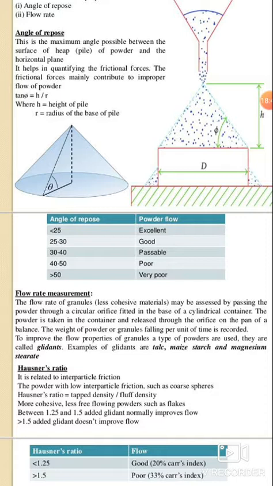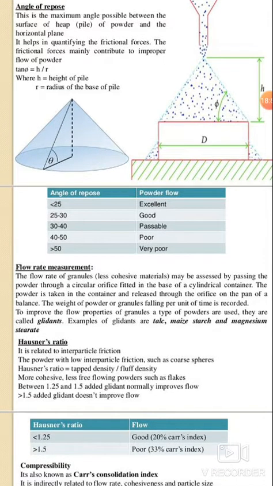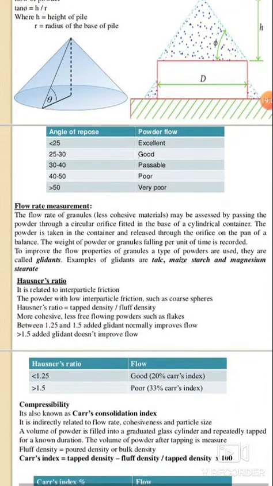That makes a heap or pile, and you can get the diameter of the pile. Taking the average diameter d divided by 2, you get the radius of the base of the pile. So this is the exact setup.